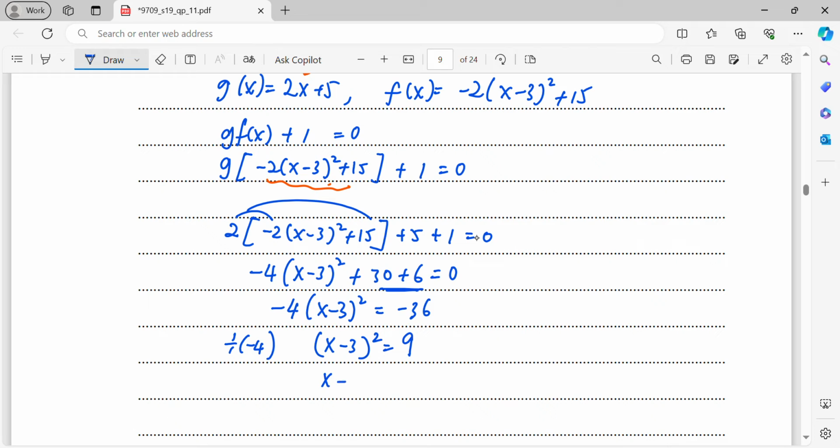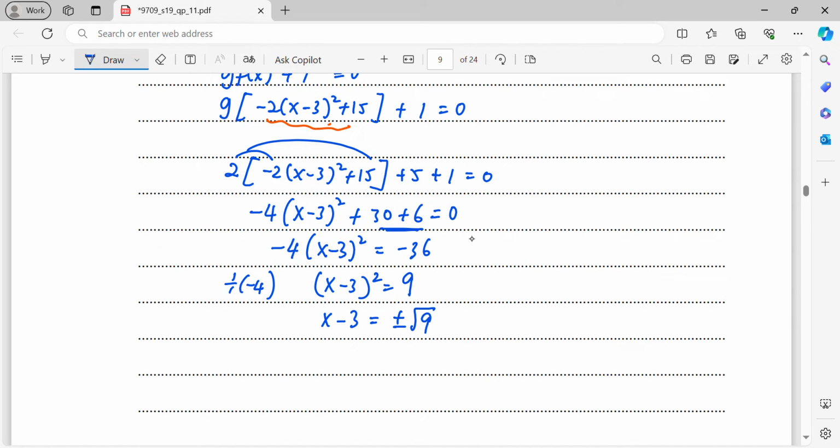So when I move the square to the other side, it's basically plus minus square root 9. And now here I will split it into two terms. The first one is x minus 3 equals positive 3, because square root 9 is 3. Another one is minus 3. Then from here, very simple, this minus 3 moves to the right side, and the same goes to the other one. That means you will be getting x equals 6 and the other one is x equals 0.